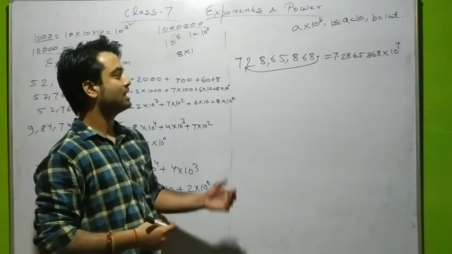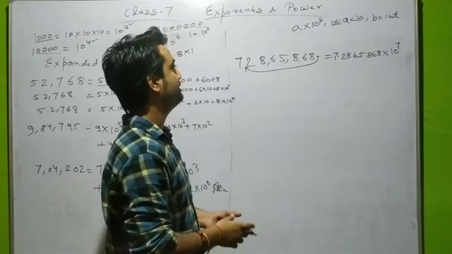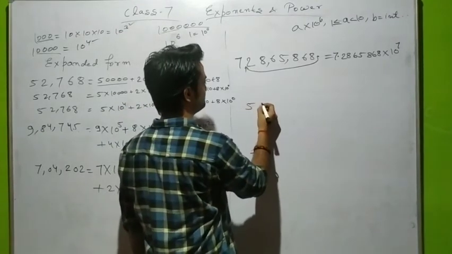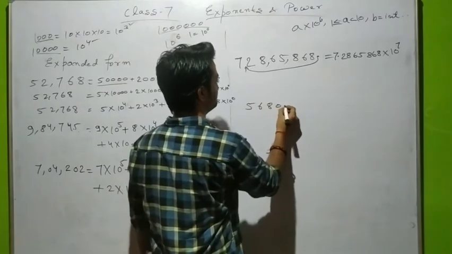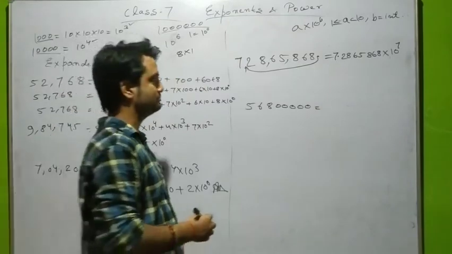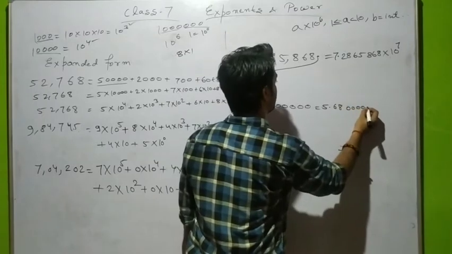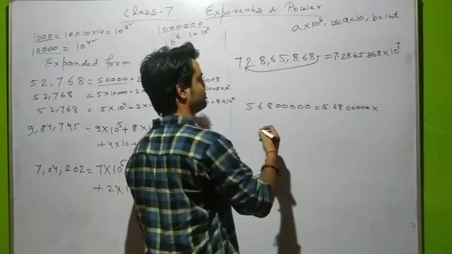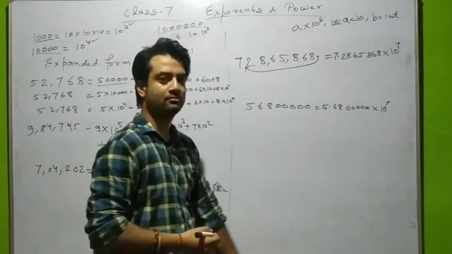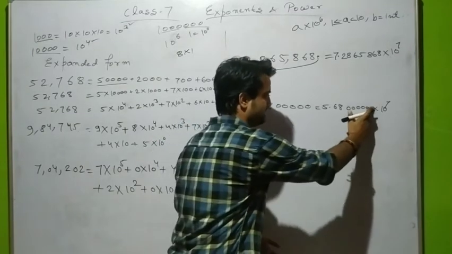I hope now you have understood how to write a number in exponential and standard form. Let's have another look. If it is 5, 6, 8, 0, 0, 0, 0, 0, how will you write it? 5.68 into 10 raised to the power 7. But when there are so many zeros and there is no other digit after the zeros, you can take these zeros out.